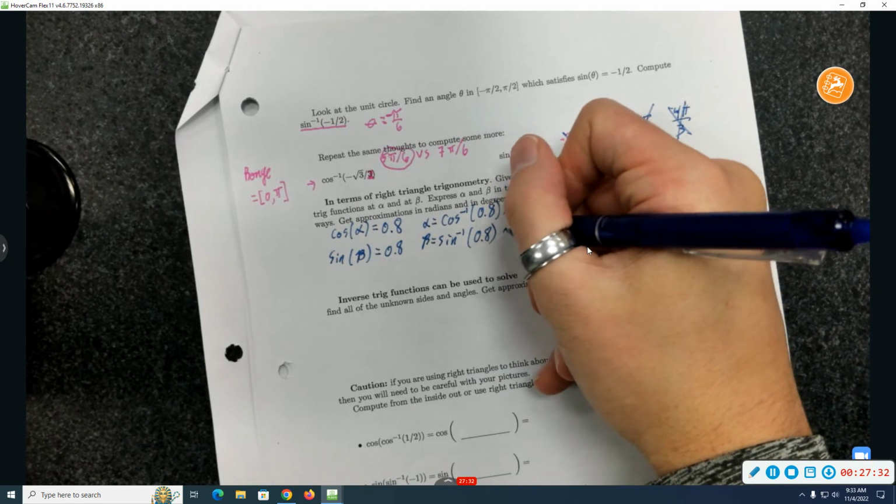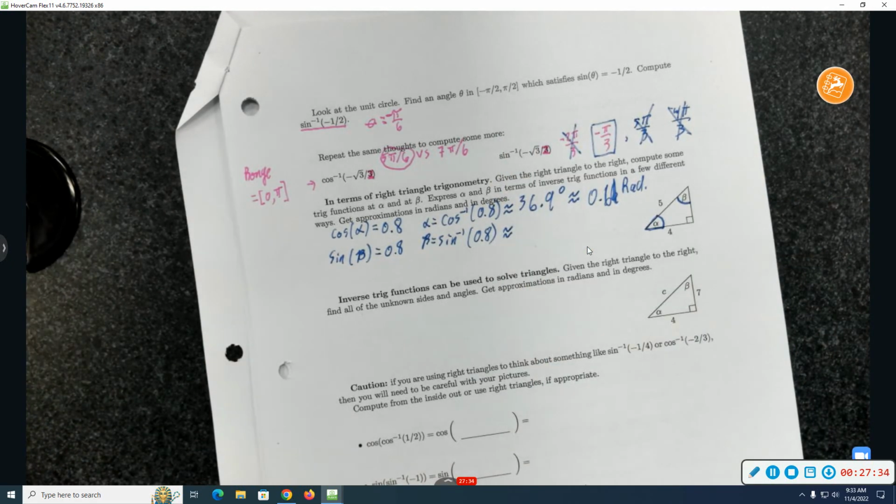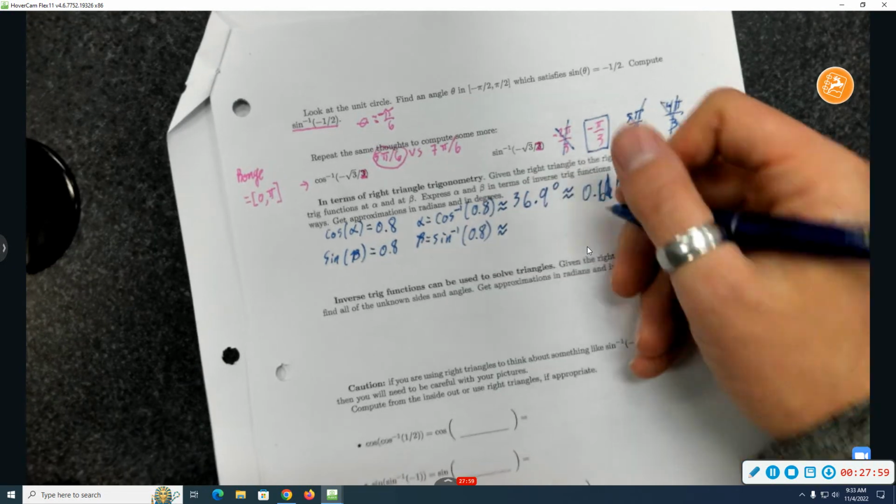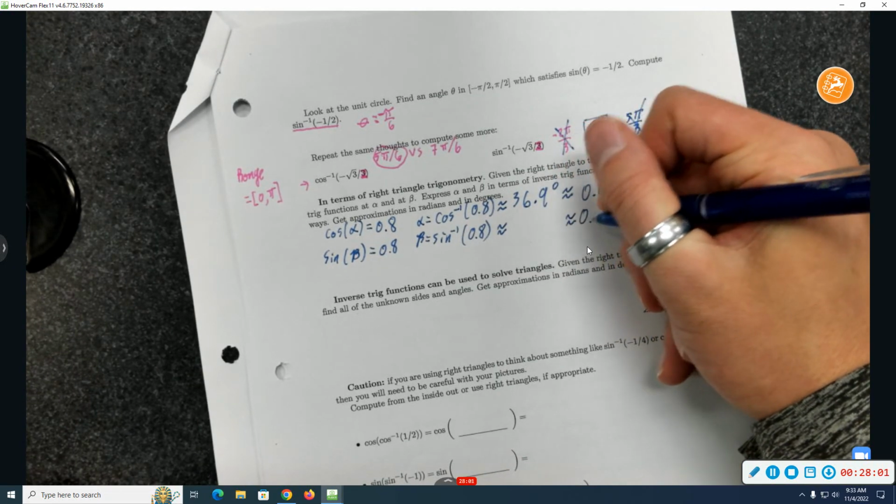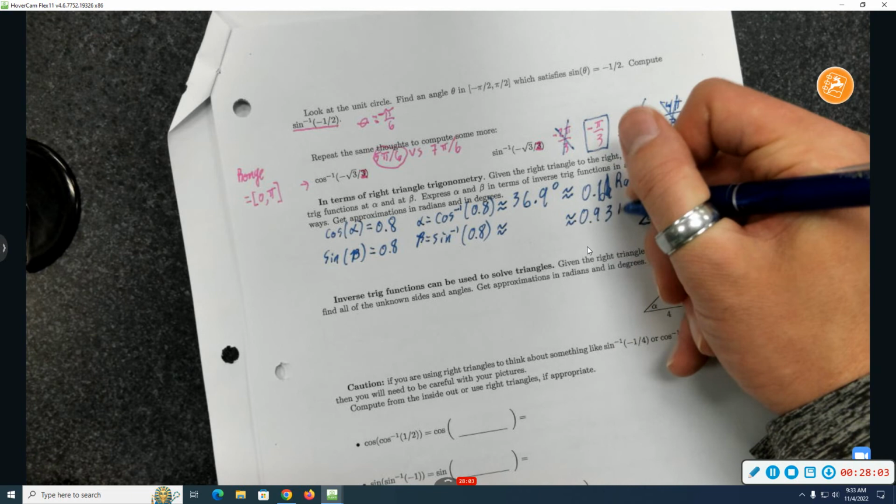What's inverse sine of 0.8? What do we get? 0.93 radians.